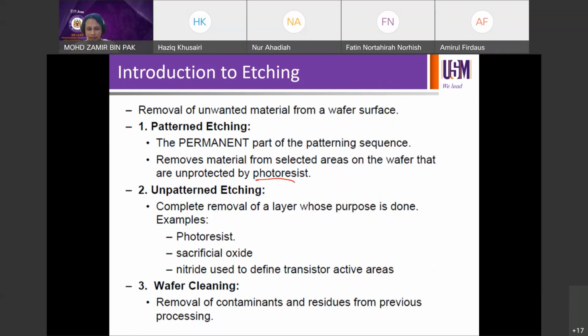So resist will not be there on the chip forever. Kita guna dia sebagai dummy step saja untuk you etch something else. Then eventually the resist will be removed from the system. Kalau you ada resist on the system atas silicon tu, you carry through, then resist tu dia akan react with chamber of the next processes, and that will cause cross contamination.